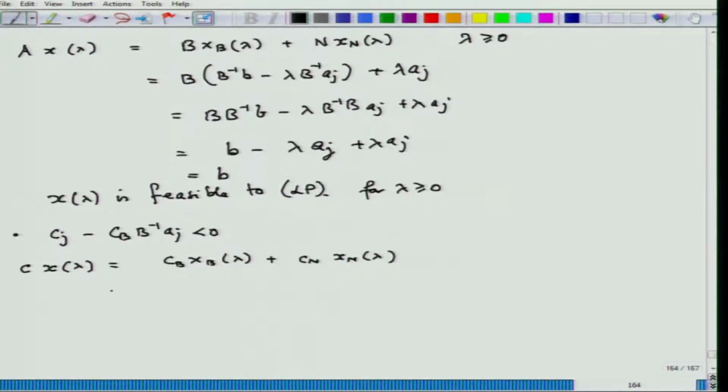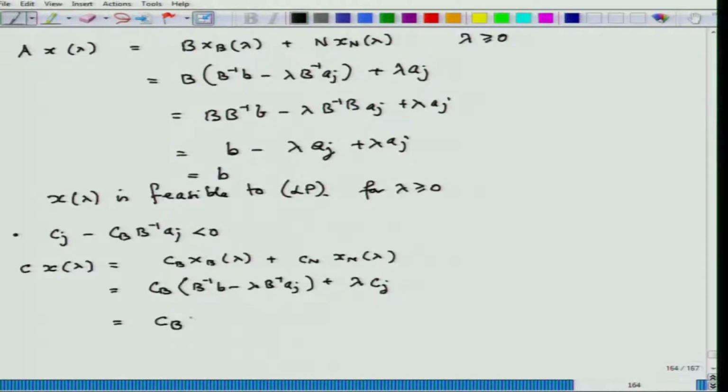Now, this would give me Cb xb lambda, which is again B inverse B minus lambda B inverse Aj, plus Cn xn. What is xn? It is only lambda at the jth position, and all other positions it is 0. So, it will become nothing but lambda times Cj, where the corresponding jth position is here.